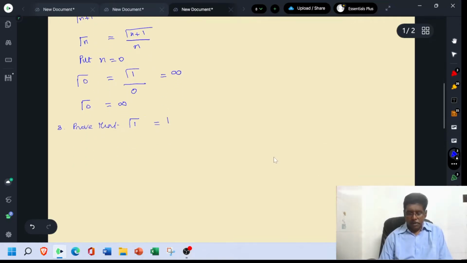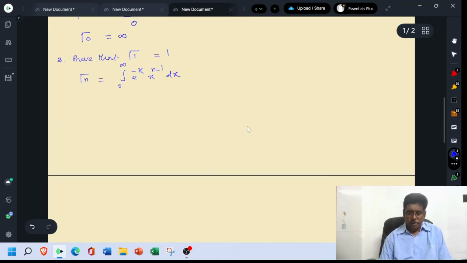For that, take the value of gamma n. Gamma of n is equal to the integral from 0 to infinity of e power minus x, x power n minus 1 into dx. This is the value of gamma of n.